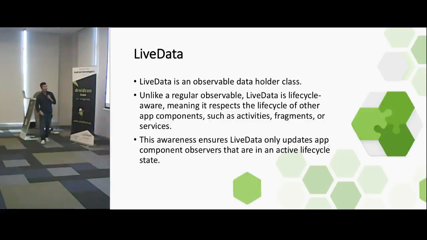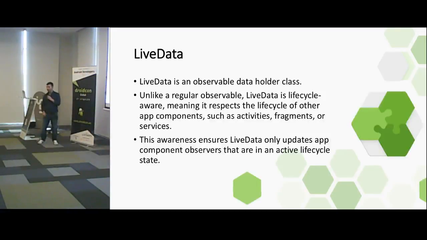Okay, LiveData, we have talked about it, but it's still another component. LiveData is an observable data holder class. It's just a generic. You wrap your data and you wait for the observers. If any change happens to your data, the observers are going to be notified immediately.